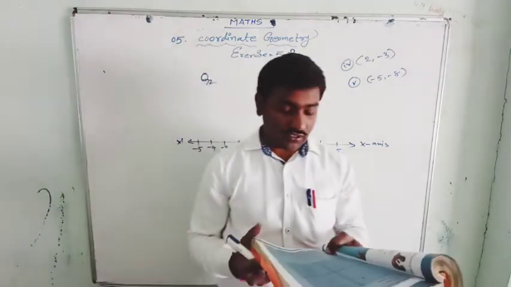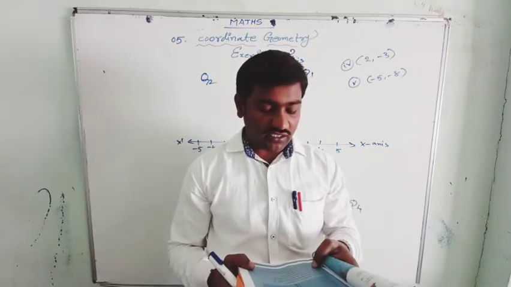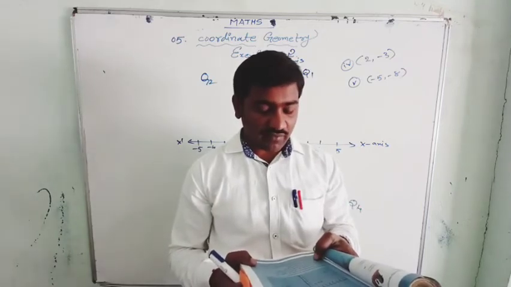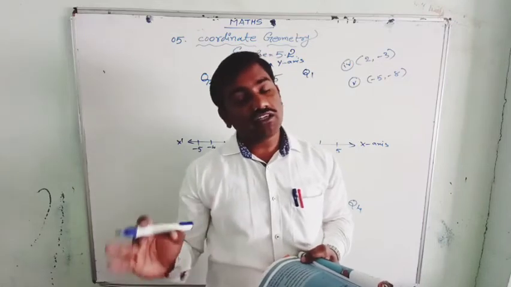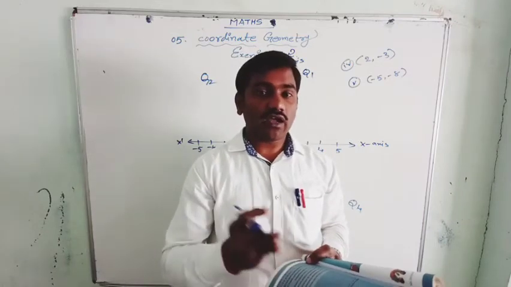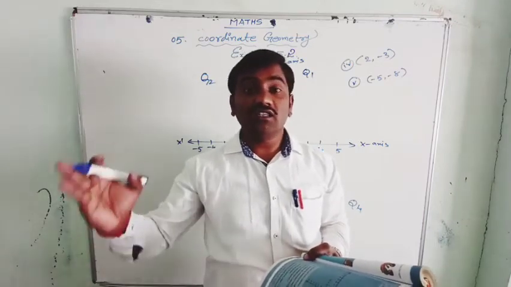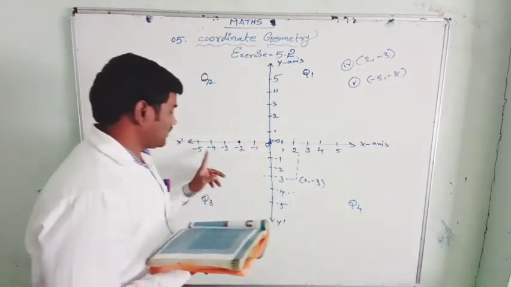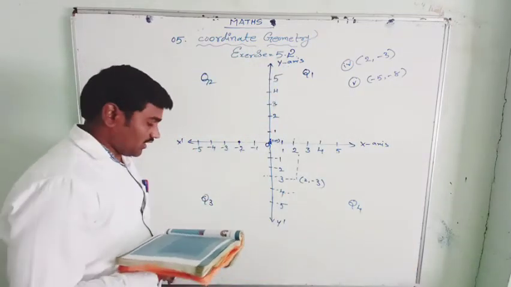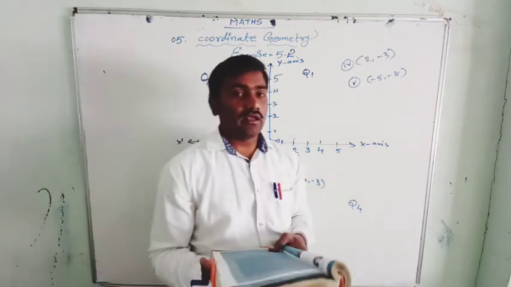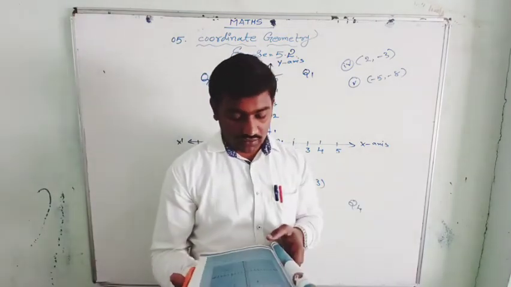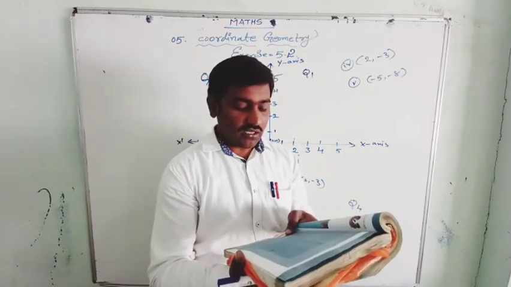So the given statement is false, and the correct statement is: minus 5 comma minus 8 lies in the third quadrant. If it is in the graph, you can directly locate that. Both are negative, so it lies in the third quadrant.